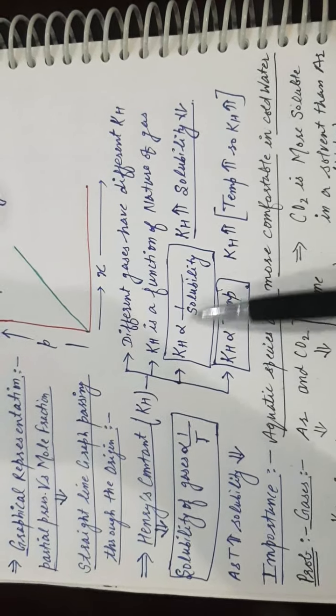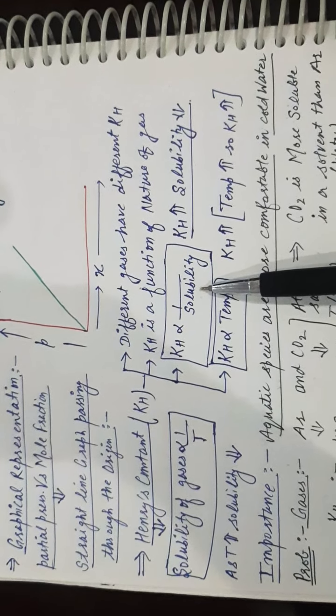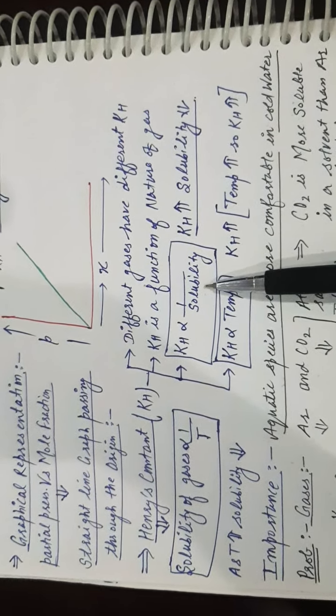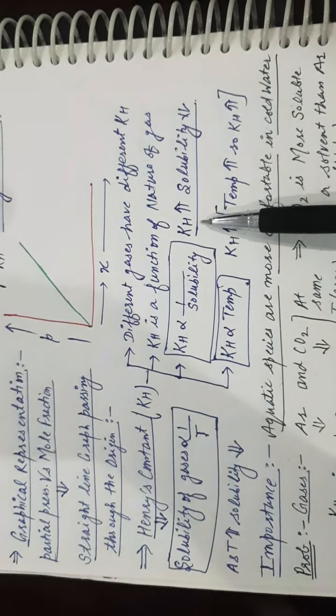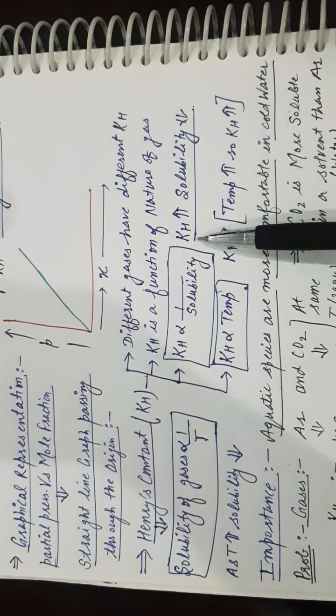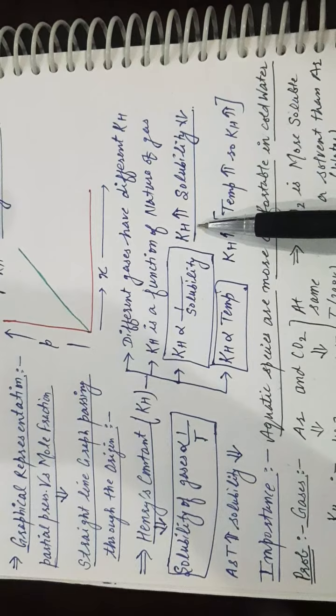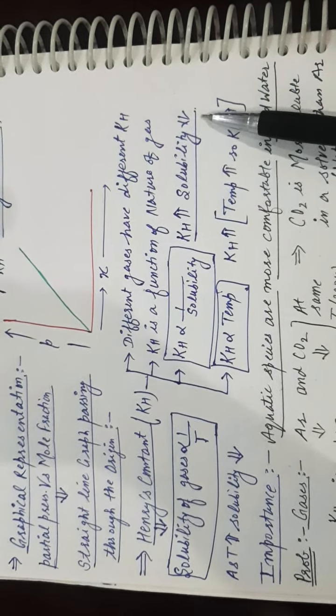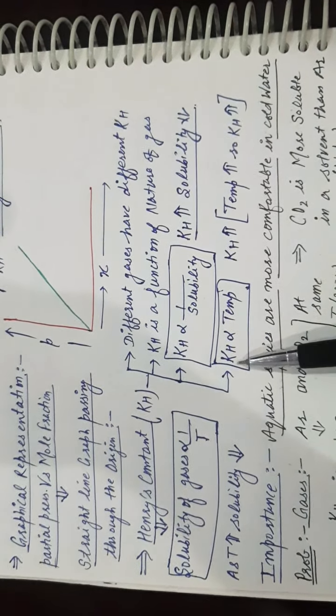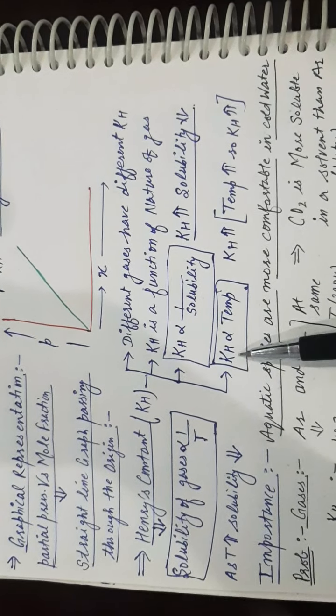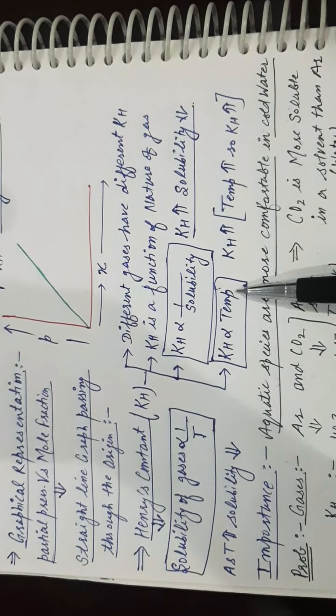Kh and solubility are inversely proportional to each other, which says that if the Kh value increases, solubility decreases. And Henry's constant and temperature have a direct relation.